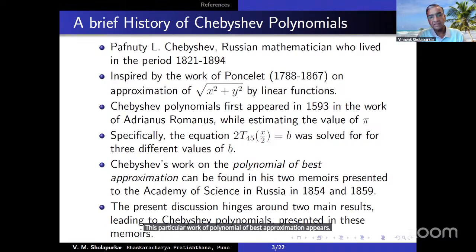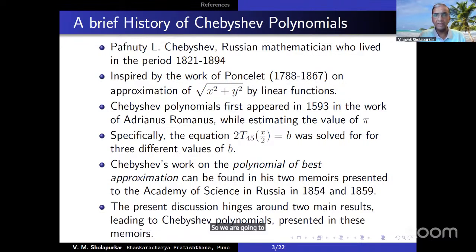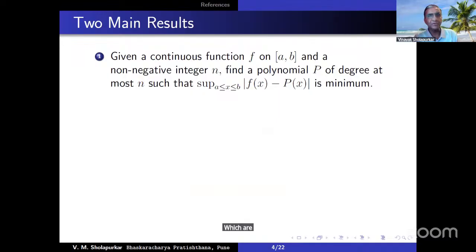The present discussion hinges around 2 main results leading to Chebyshev polynomials presented in these memoirs. So we are going to discuss 2 main problems in this lecture where Chebyshev polynomials naturally come into the picture. Okay, so let's see which are the 2 main problems. So the 2 main results are like this.